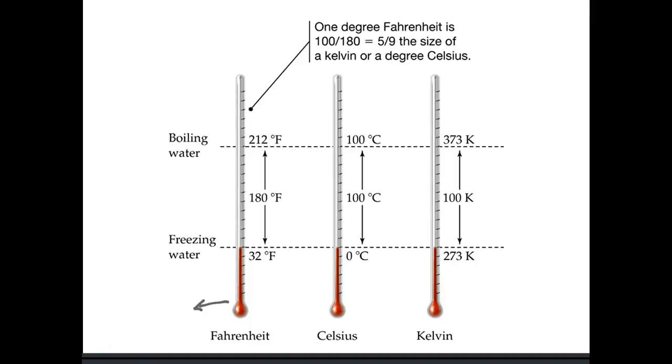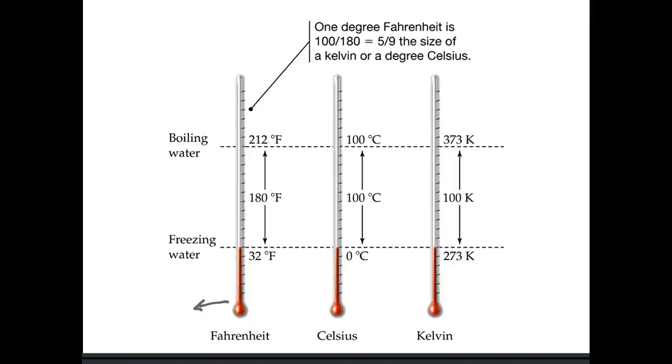The Fahrenheit scale, the one on the left, if you notice, the 2 dashed lines are there to represent the boiling point and the freezing point of water. That way we can compare the 3 scales more easily by having the same relative point of comparison. The Fahrenheit scale was originally established back in the 1700s, 1720 something, by a guy named Daniel Gabriel Fahrenheit.